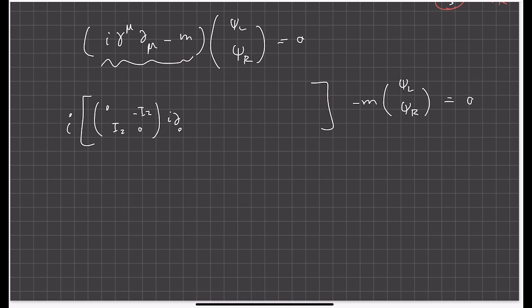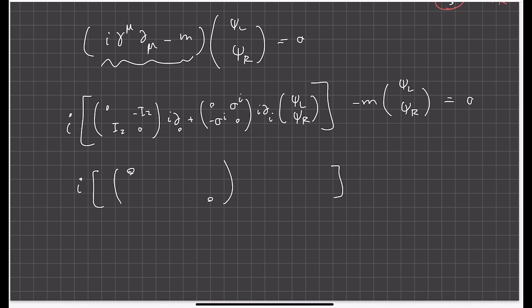The derivative with respect to time plus 0 sigma I minus sigma I 0 I sigma I of psi L psi R, right? So now I can just basically write this as one giant matrix that has 0 and 0 on the main diagonal term.